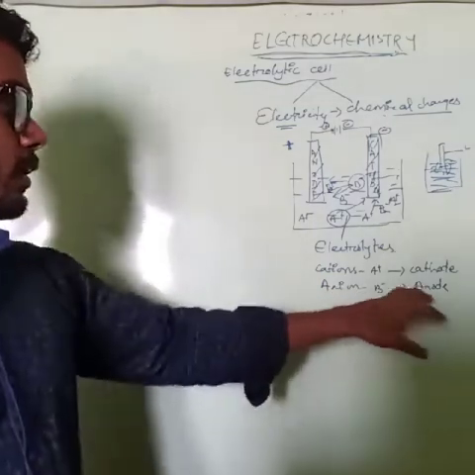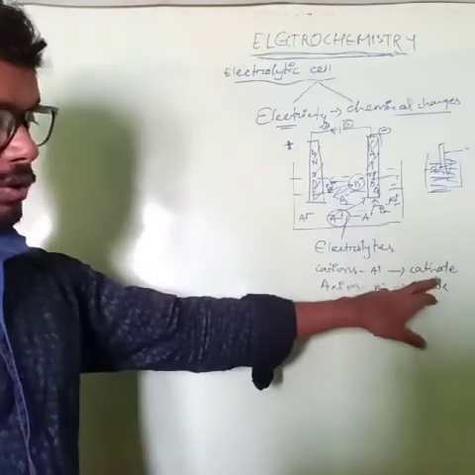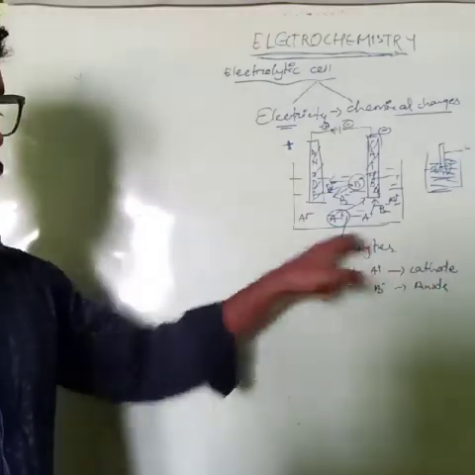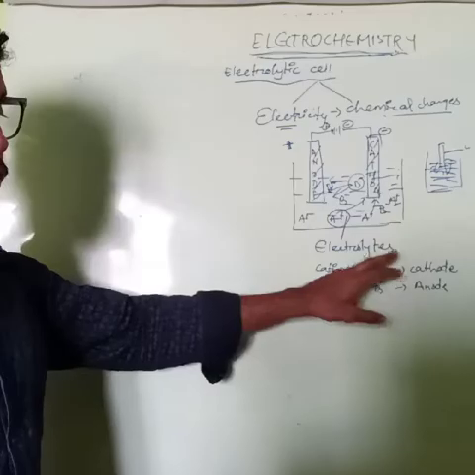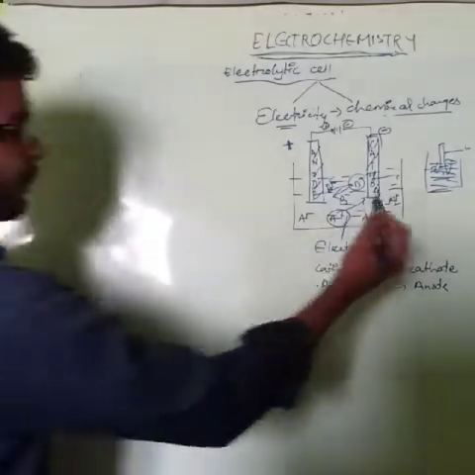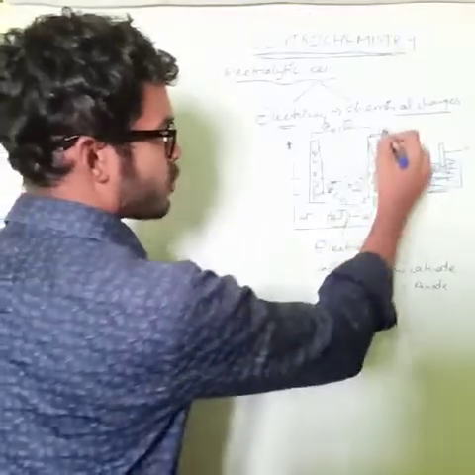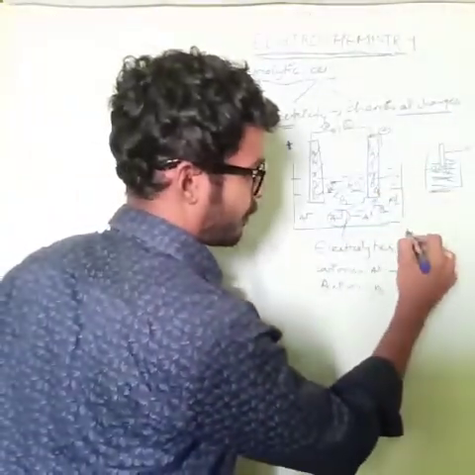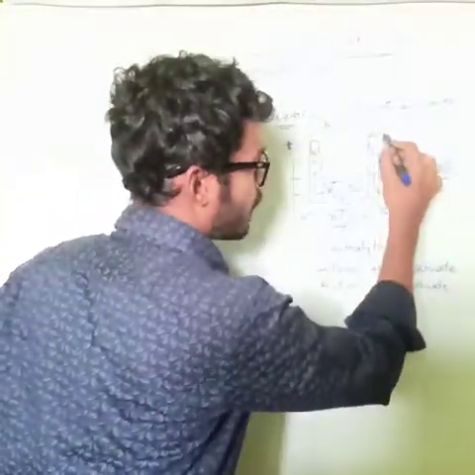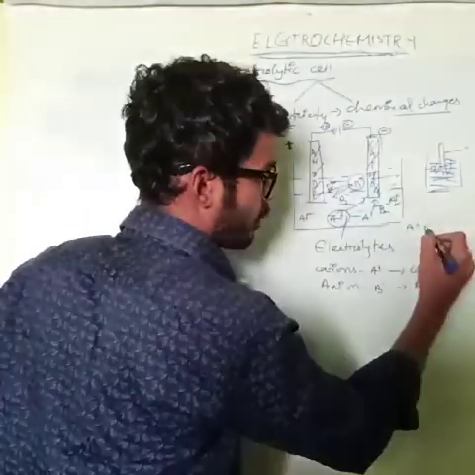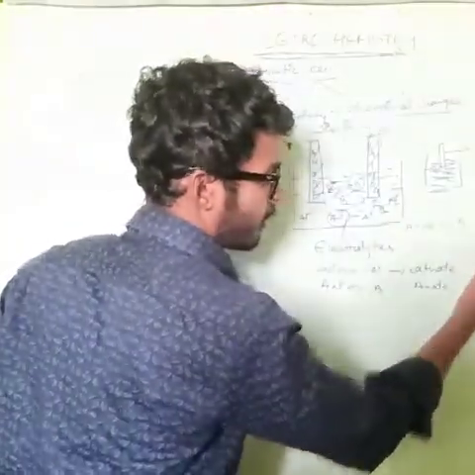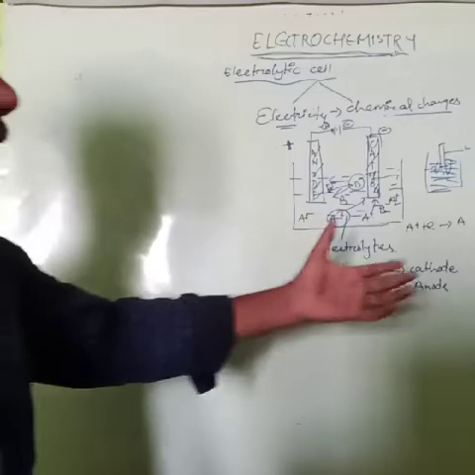So what happened at the cathode? A plus combines with an electron and gives A. That means reduction happens at the cathode, just as in the galvanic cell.